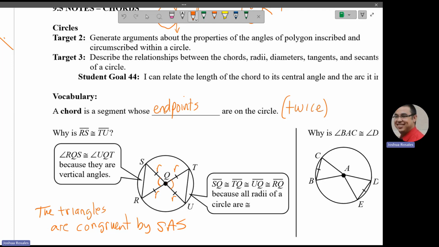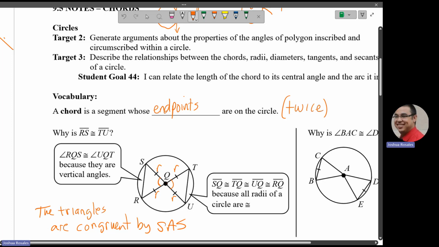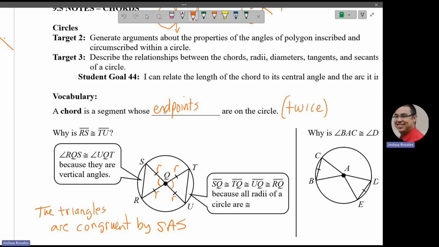Now, remember what we said last semester. If you had an iPhone 16 and somebody else had an iPhone 16, both of those phones are congruent. You could then look at individual parts and you could say, well, the camera on my phone is the same size as the camera on the other phone, right? They're identical models, so things have to be identical.